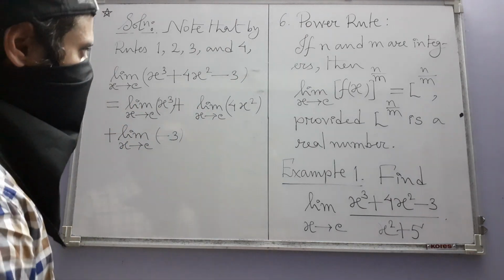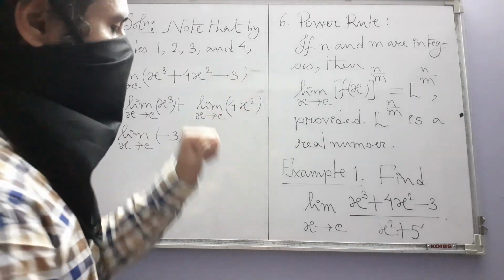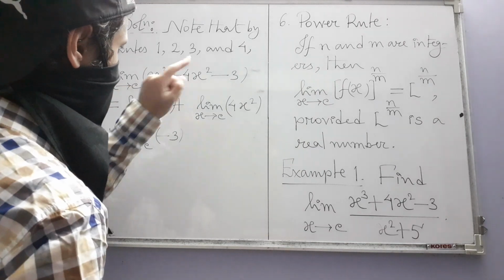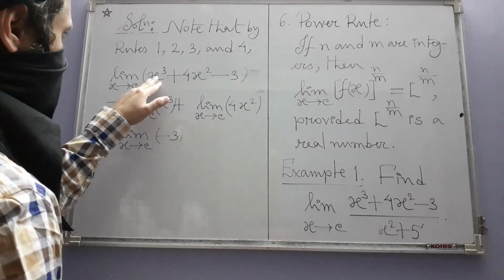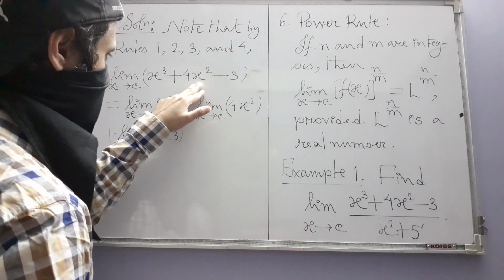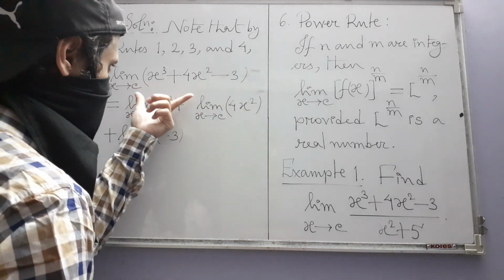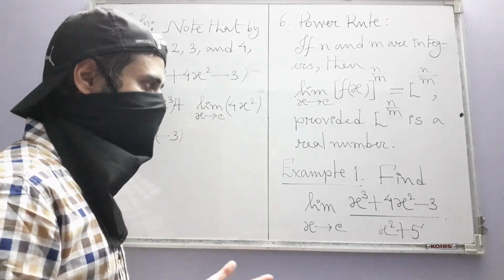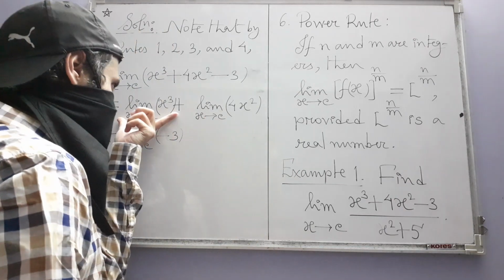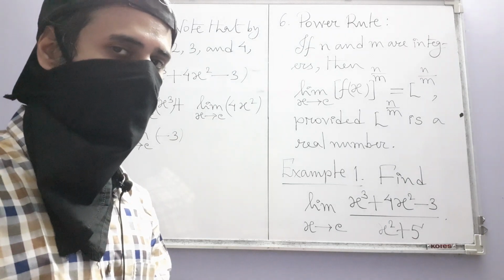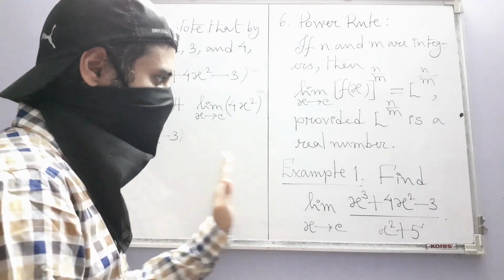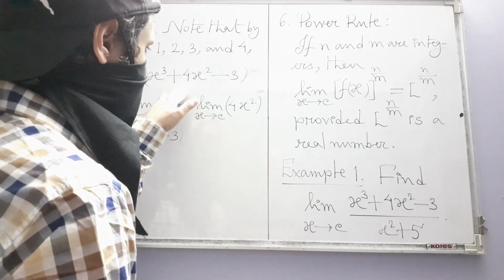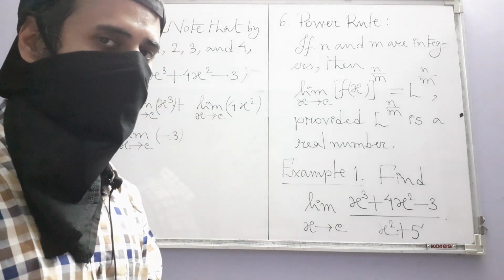For example, if you forget about minus 3 for a moment and say you have only these two functions, f of x and g of x, the fact that I have applied the sum rule here requires me to first know that these limits exist. Unless I know that L and M exist, because that is given in the theorem, I should not be able to apply the sum rule.